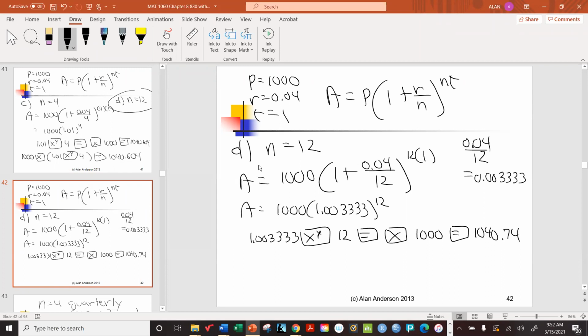Or else, if you want to go from left to right, 1000 times open parentheses, 1.003333 raised to the 12th power, close parentheses, equals.